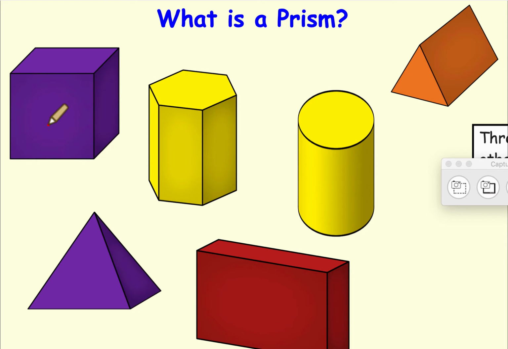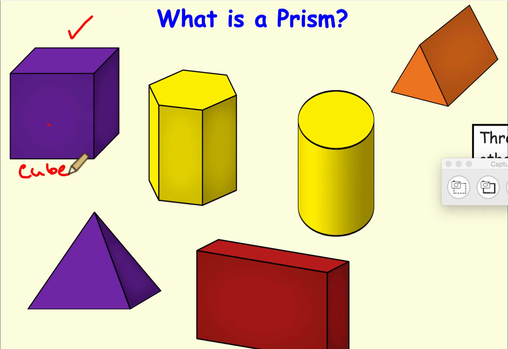Yes, and even though I can't see the bottom and the left side, they would also be squares. And we know squares are rectangles, so this meets the criteria of a prism. This would be called a rectangular prism, but more specifically, it's a cube.